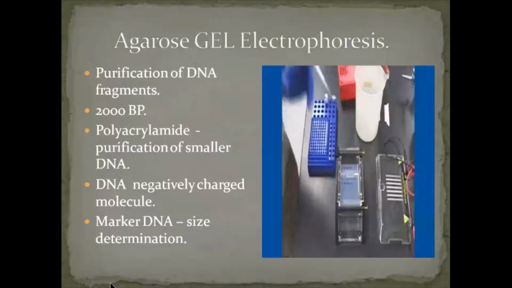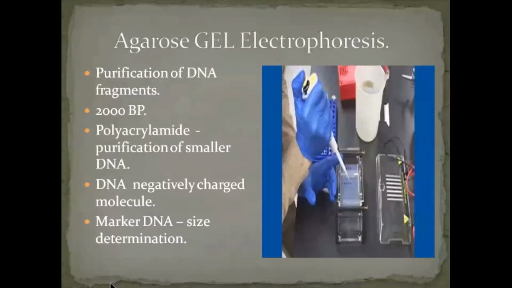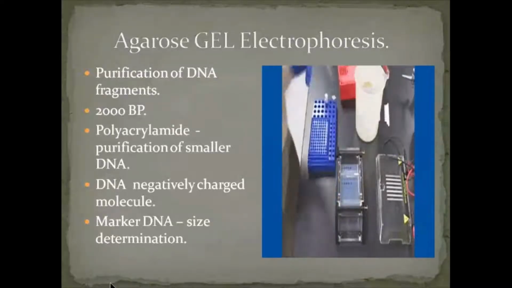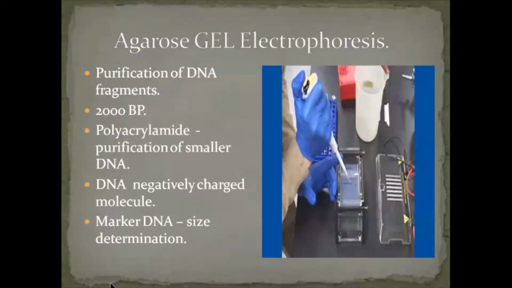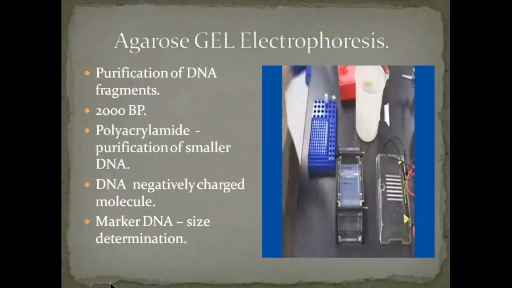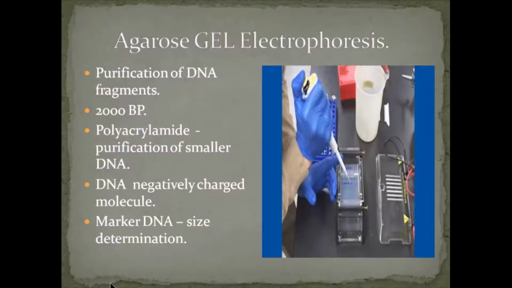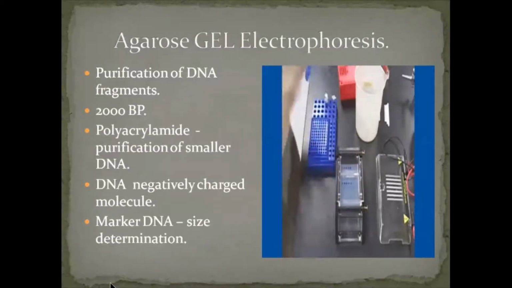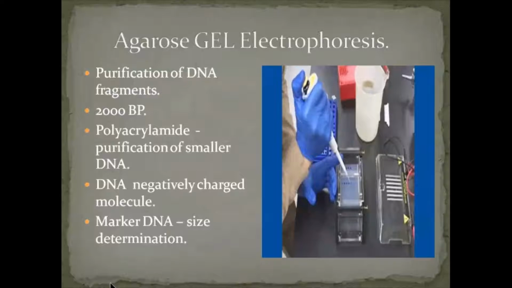Why is it called agarose gel electrophoresis? For a supporting medium. Electrophoresis is an instrument, and in that instrument we add a sample, which is DNA or RNA, anything. For the separation of DNA molecules or any molecules we need a substrate, and the substrate we use in electrophoresis is agarose.